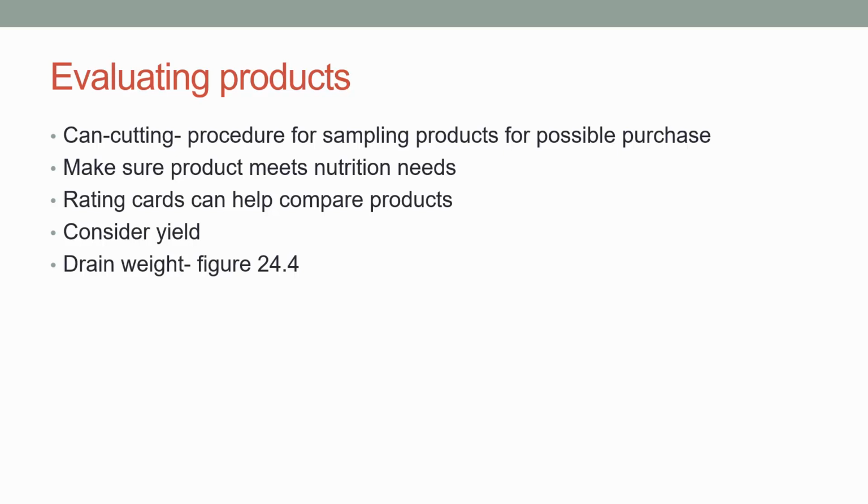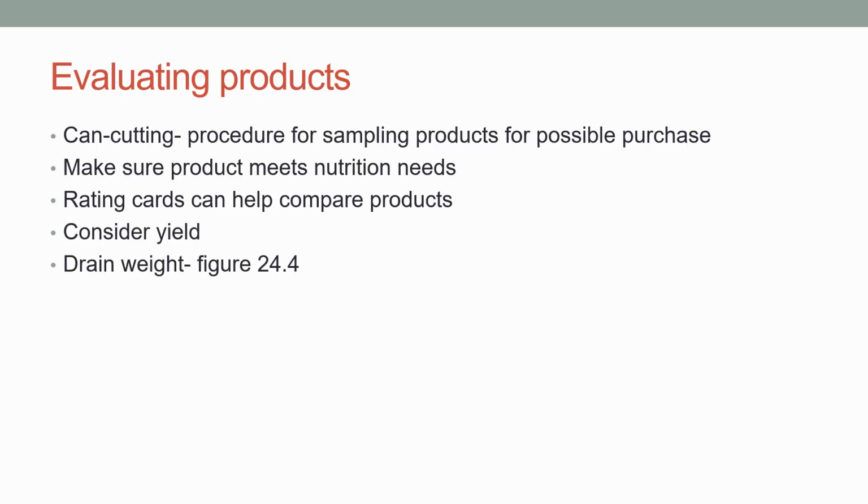And figure 24.4 does a good job of showing you how you would look at drain weight compared to price, and then trying to use this to figure out which one's the better value, if the quality of those is equal. So that can really help you say, both these are equal quality, we'd be happy using both of these in our facility, so which one do we get the better bang for our buck for? And that's what drain weight can help you figure out.